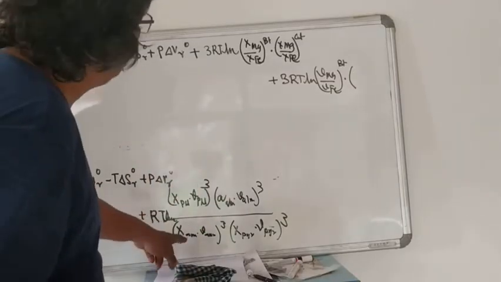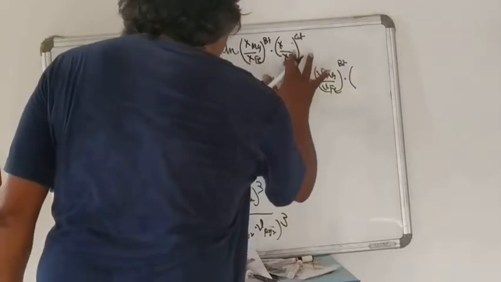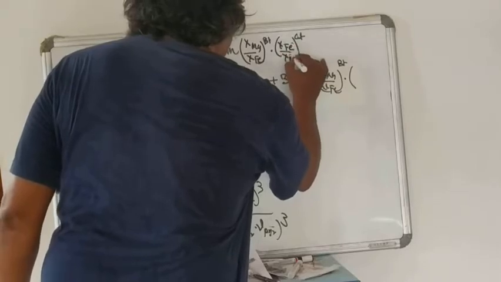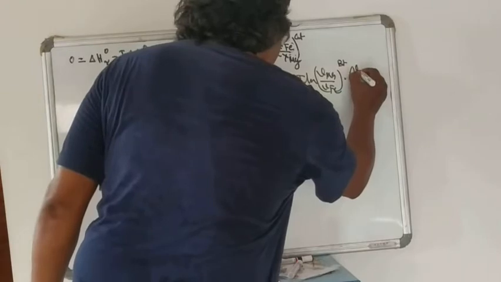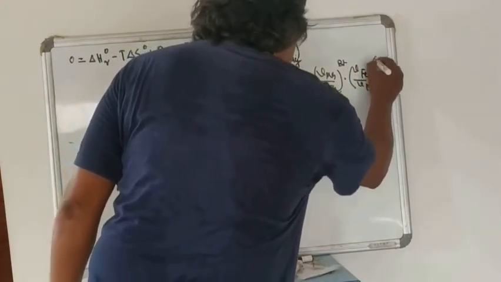Gamma Mg by gamma Fe biotite, sorry, this should be reversed. Into gamma Fe by gamma Mg garnet.